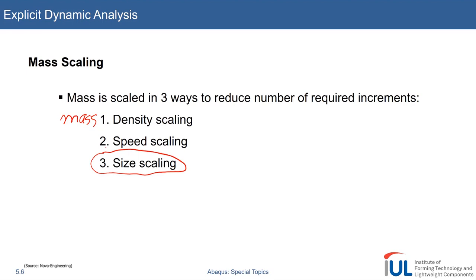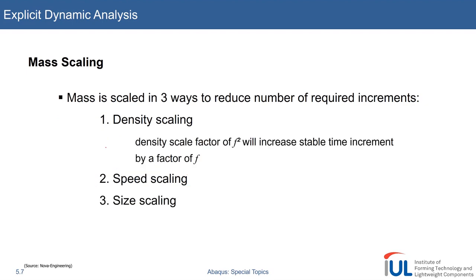I've never seen this before, but it actually works. But there's not so much right or wrong using the one or the other method. So let's just go through this. The density scaling or classical mass scaling, you would define a so-called scale factor of f square, let's say 16. Let's say your f square is 16.